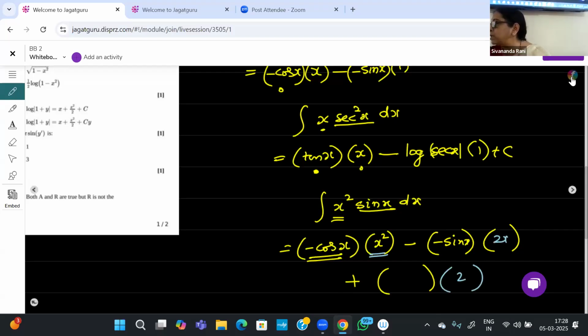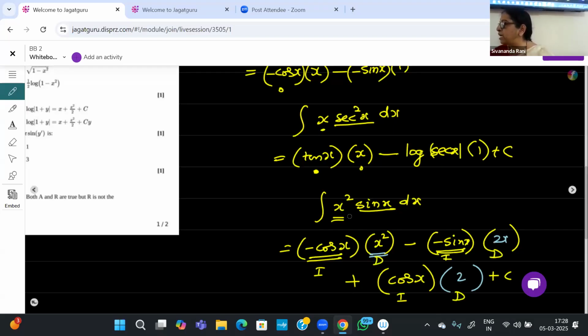After that, differentiate 2x, you get 2. Now keep on integrating the first one. So these are all to be integrated. The first one needs to be integrated. This one has to be differentiated.